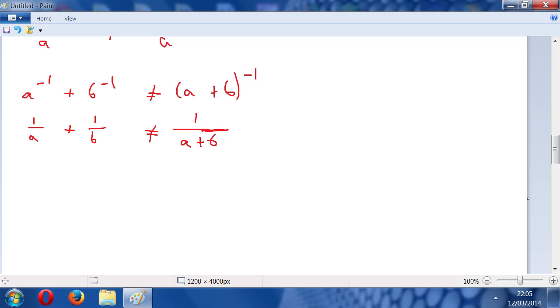So yeah, so you can see that if A was 3 and B was 4, this would be a third plus a quarter. And that's not going to be the same as a seventh. It's very easy to see how that's clearly the left-hand side is larger. So yeah, the key thing really is this.